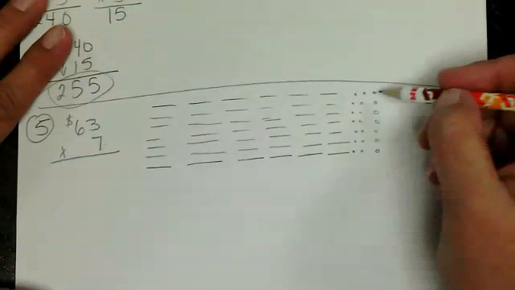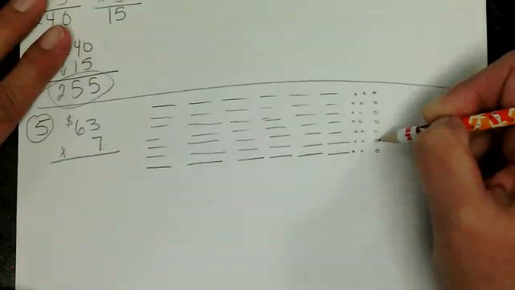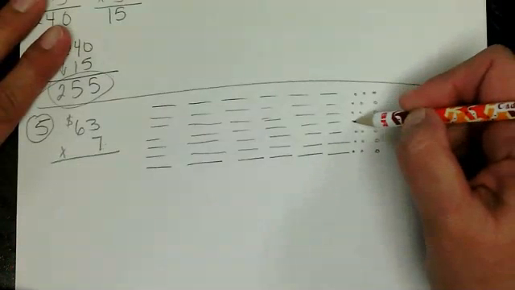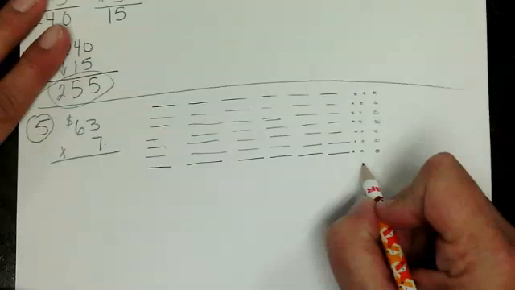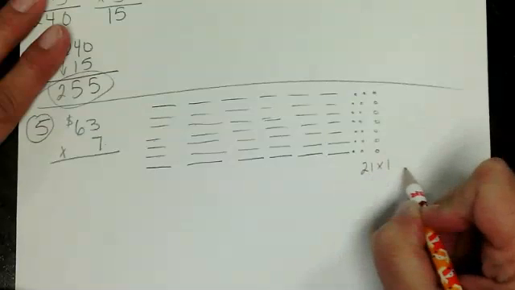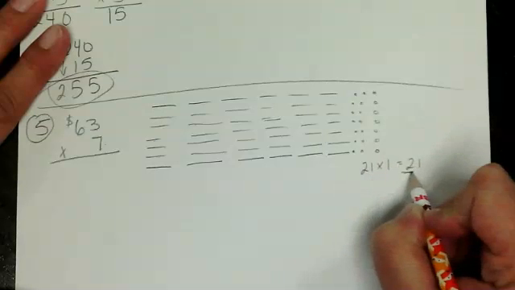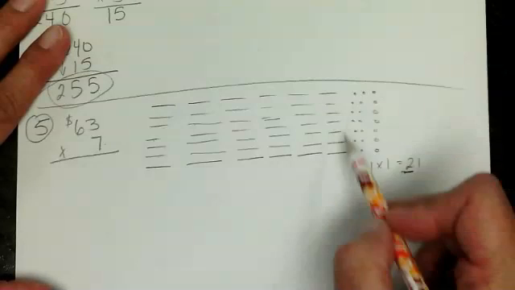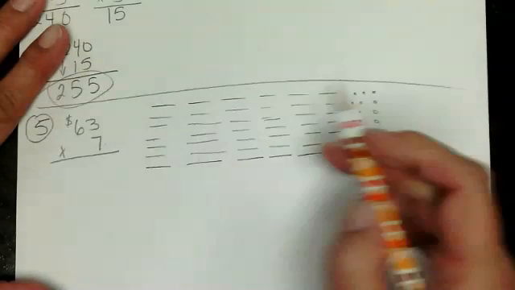Let's count our ones. 1, 2, 3, 4, 5, 6, 7, 8, 9, 10, 11, 12, 13, 14, 15, 16, 17, 18, 19, 20, 21 ones. I have a 2 in my tens place, which means I can take 20 of these and move them over.